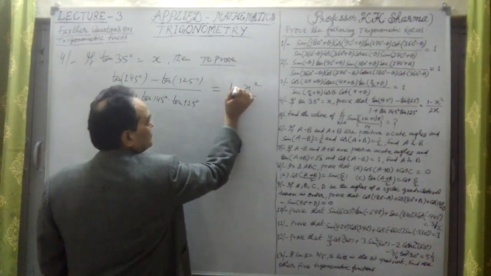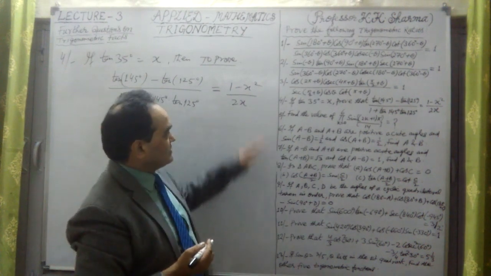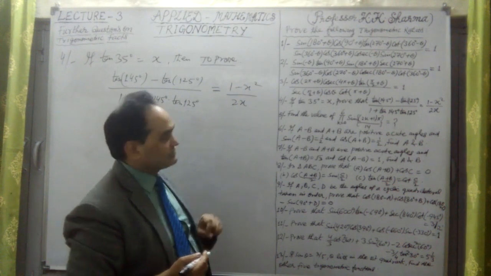That is the value. We have to prove this in terms of x. The right hand side is in terms of x because tan 35 degree is given to us in x form.